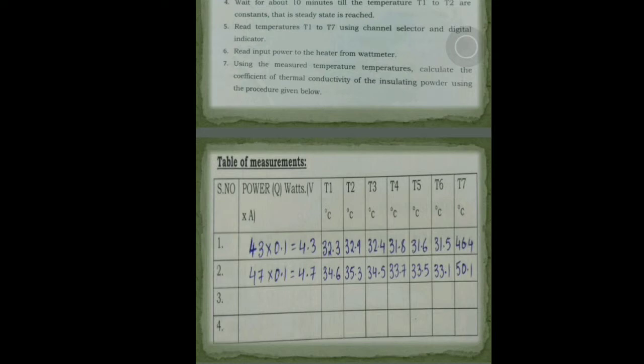The two readings shown in the following observation table are those obtained in the laboratory. From these readings, we can easily find the thermal conductivity of an insulating material using Fourier's law equation, that is Q equal to K A dT by dx.